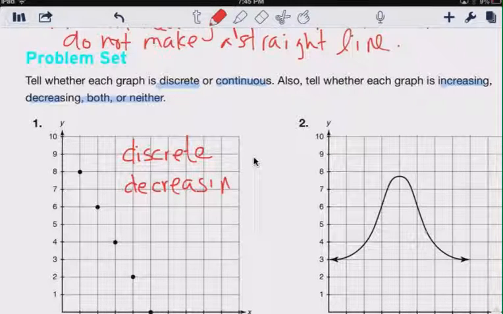Okay? And it's also linear because if you connect these, you fall two, run to the right one, fall two, run to the right one, fall two, run to the right one. The slope, the rise over the run, or the rate of change are always the same. That's what makes a line linear.